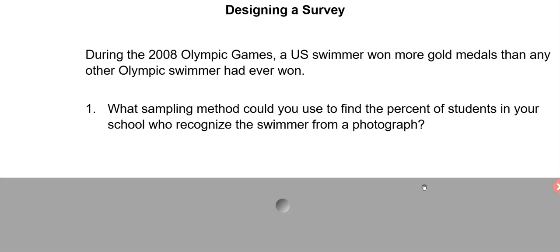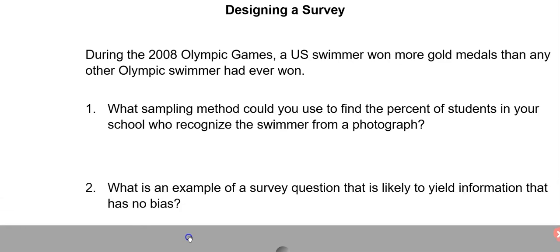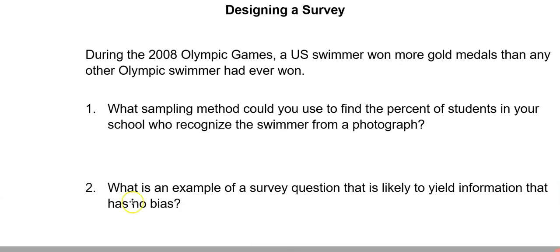You could put everyone's name in a hat and randomly select some of the students to ask. You could do systematic sampling. These are both good ways of doing things. You could take every 10th person that walks into the school, show them a picture, ask them a question, etc. So there are a number of good ways. Convenience sampling or volunteering is not a great way of doing it.